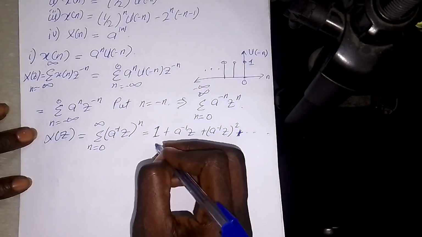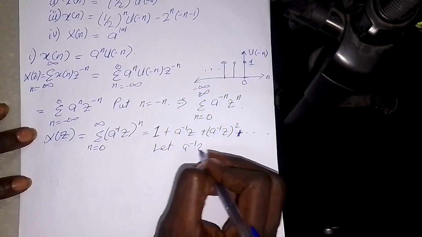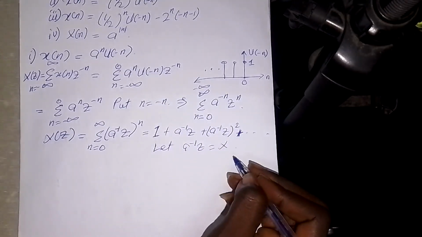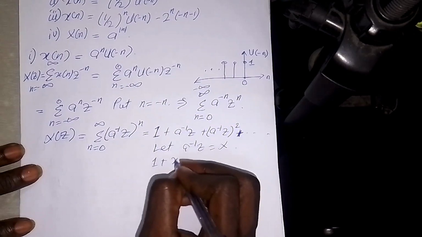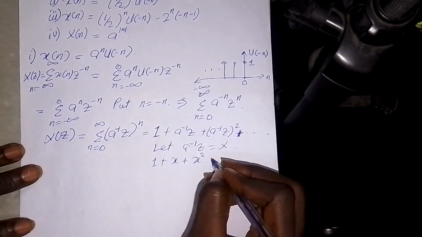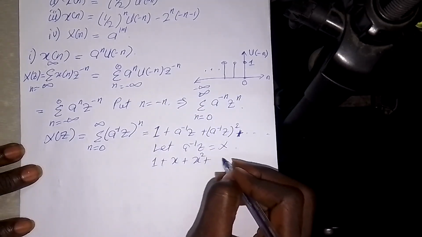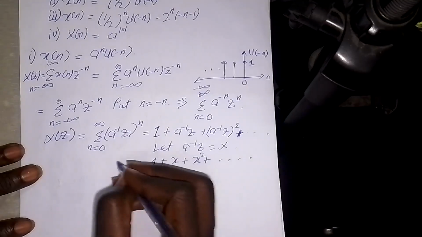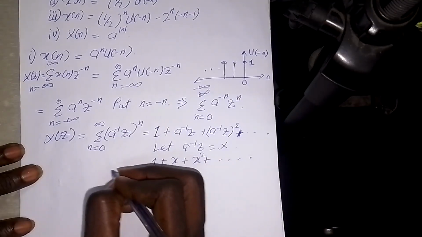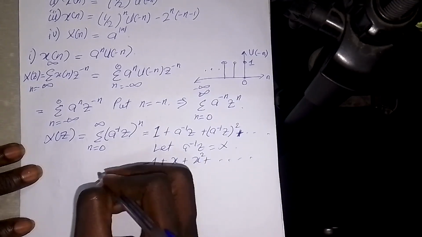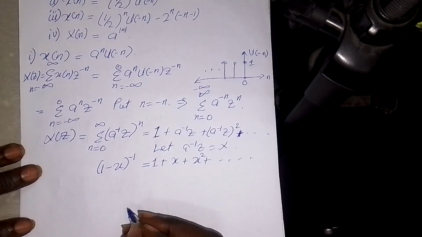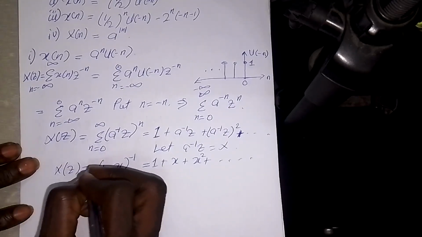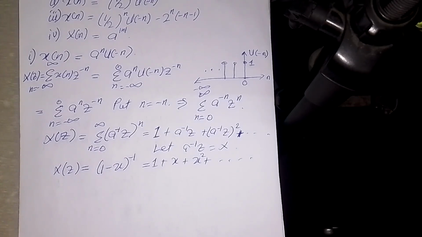So let a exponent minus 1 z be equal to x. Then you can say that 1 plus x plus x squared and so on to infinity is equal to this binomial expansion, 1 minus x exponent minus 1, which is your X of z.